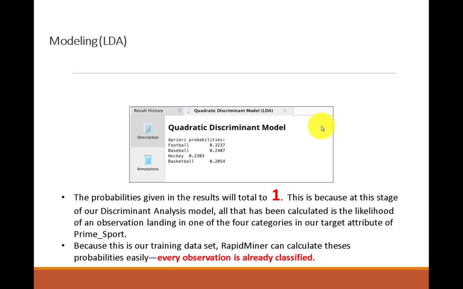It depends completely on what is called the a priori probability. So based on the data we have in the training data set, a model will be created, and the prime sport is going to be decided based on those values.